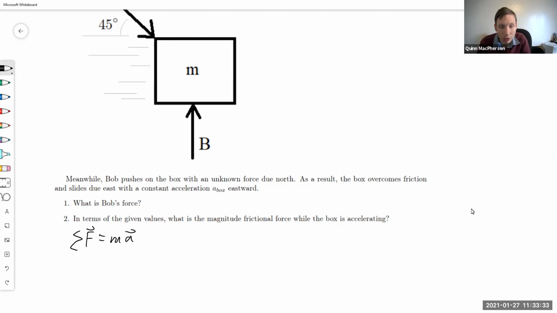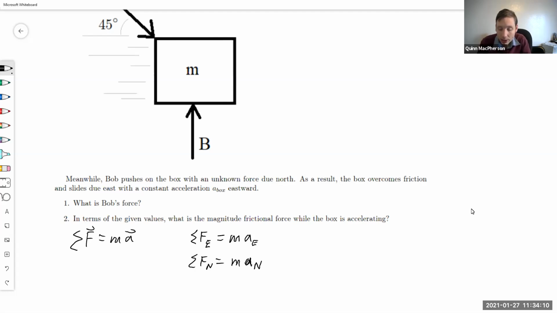The sum of the forces in the east-west direction, I'll just call the east direction, includes both east and west; west is just minus east. So the sum of forces in the east direction equals ma east. The sum of the forces in the north direction, north and south, where south is minus north, equals ma north.